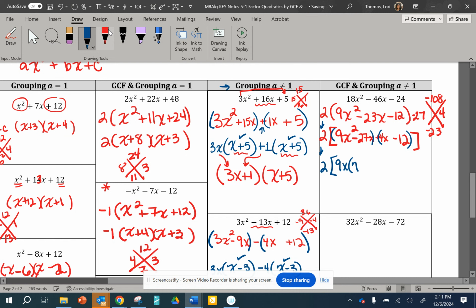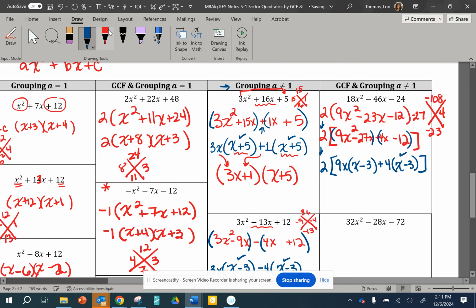That leaves me with x minus 3. Negative 27x divided by 9x is negative 3. Then I'm going to factor out a positive 4. 4x divided by 4 is x. Negative 12 divided by 4 is negative 3. And check, check. Just bring down the 2.